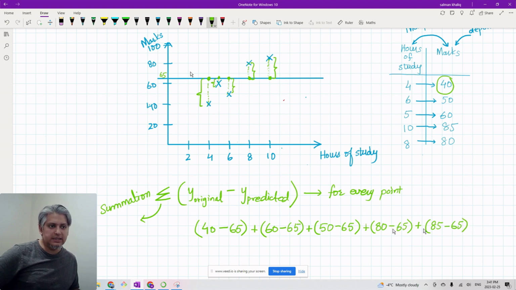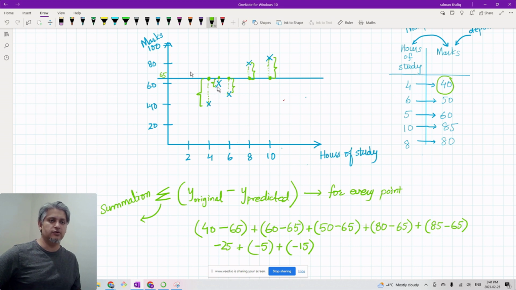When I add all these numbers, I will get a number here. Let's add them. 40 minus 65 gives negative 25, plus 60 minus 65 gives negative 5, plus 50 minus 65 gives negative 15.